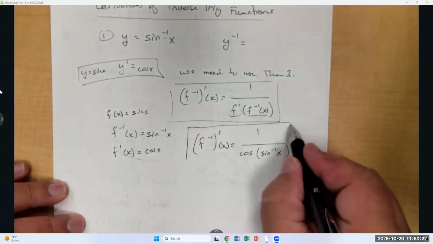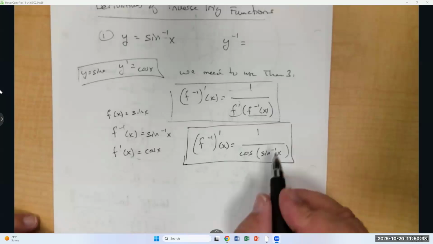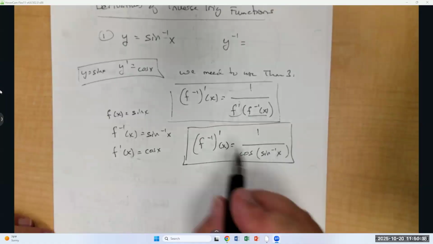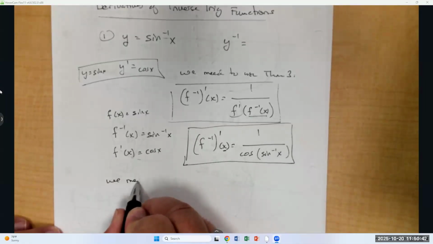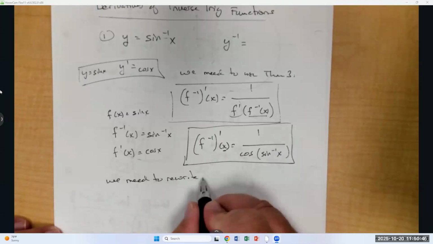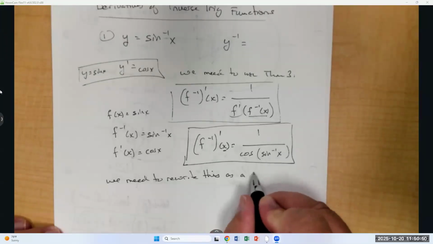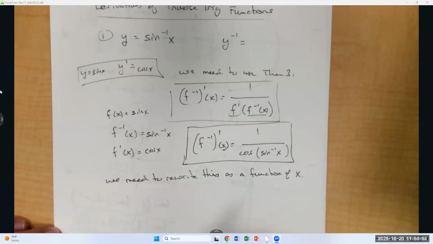Okay, that looks nice, but we're not done, because we have to get this into the same terms as a function of x. We need to rewrite this as a function of just x, no trig functions.